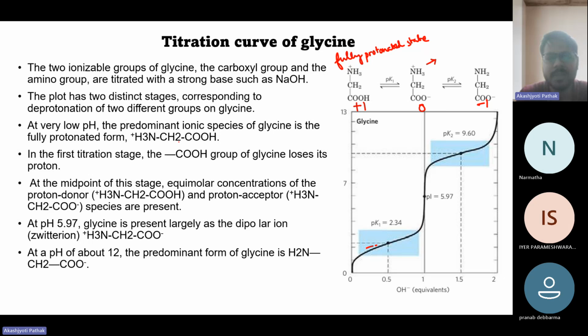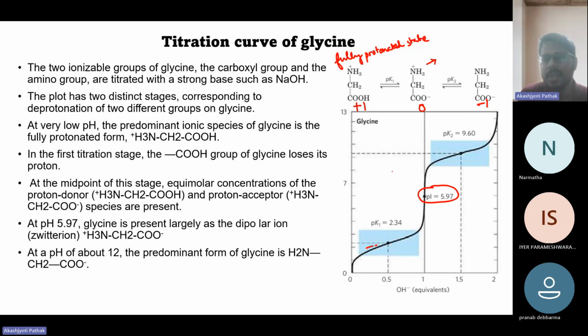Now in the first titration stage, the COOH group of glycine loses its proton. At the midpoint of this stage, the pH is 5.97. At pH 2.34, the predominant species was protonated NH3 plus CH2COOH.